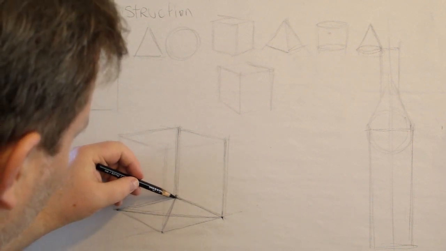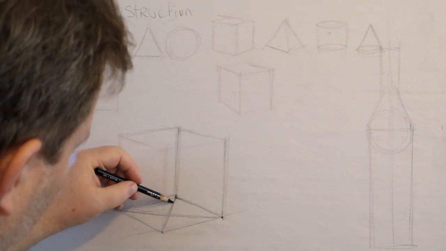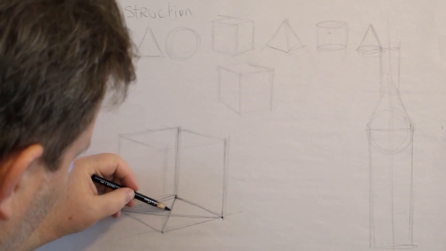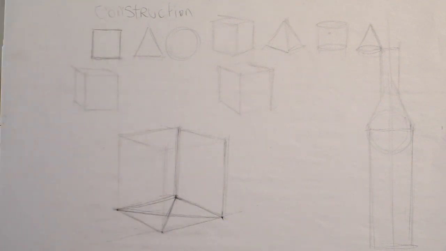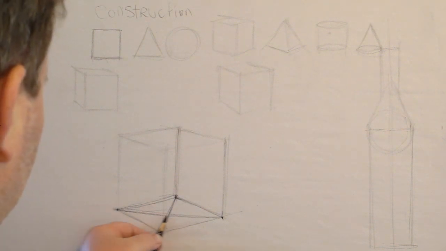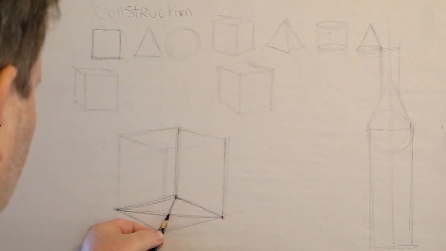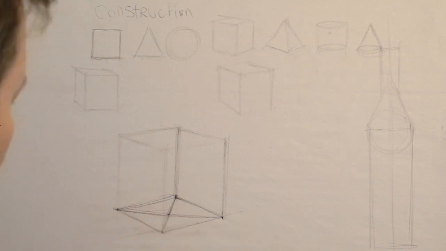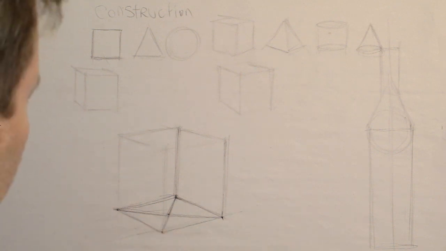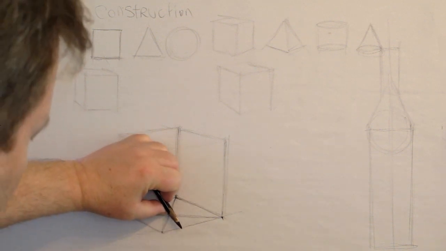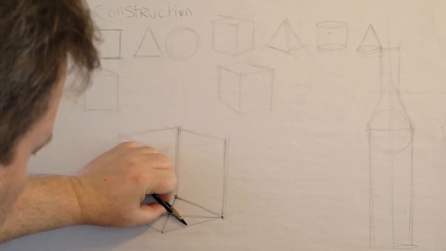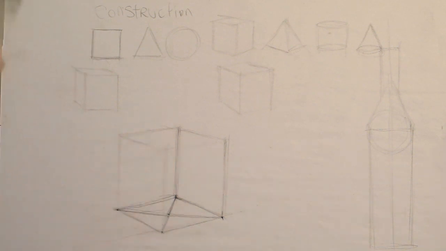Let's go ahead and make sure we've got this one. Right there. And this is sort of bending down a little bit in the middle. So we're going to go ahead and mark it right there, as far as that goes. Okay.